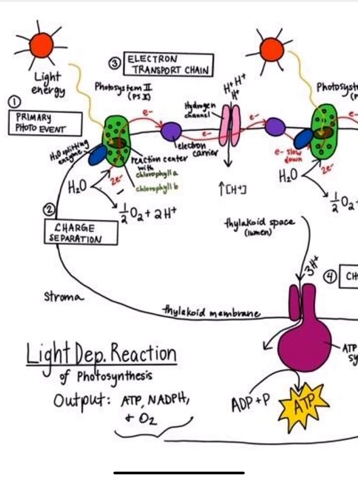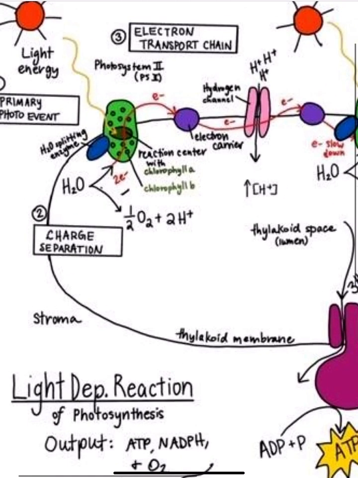So when the electrons in chlorophyll A become excited, they will start to jump around, of course, and eventually jump out of that molecule. And here we can see that path that the electron is taking, jumping out, and it will go next to a molecule that is called plastoquinone. And it will reduce that molecule.